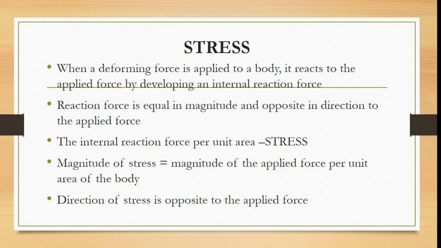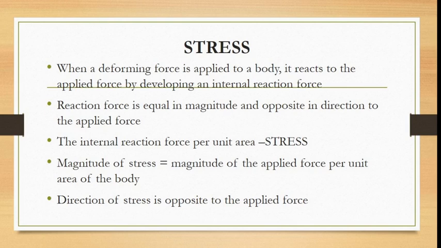So this internal reaction force per unit area is called stress. Internal reaction force per unit area, and we know that this internal reaction force is equal to the magnitude of the applied force, isn't it? So we can also define stress as the magnitude of the applied force per unit area of the body.